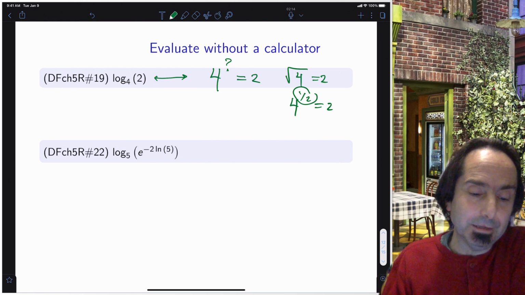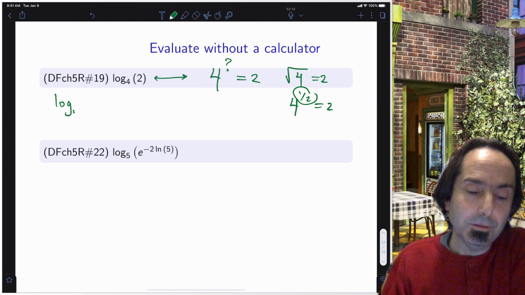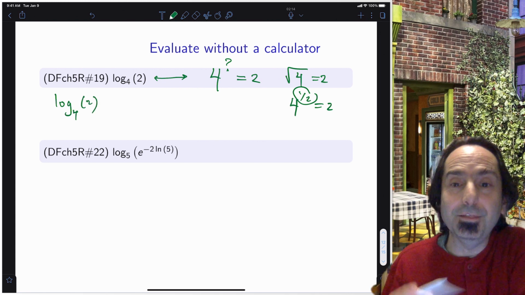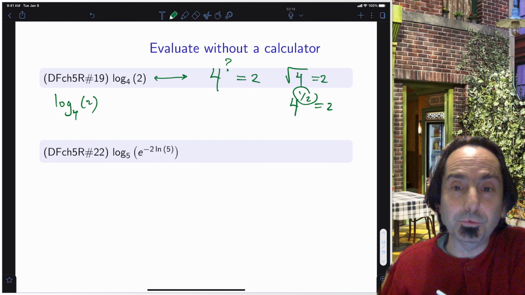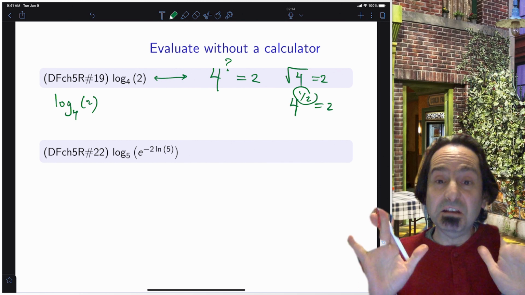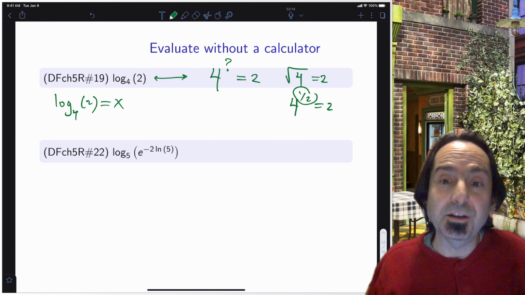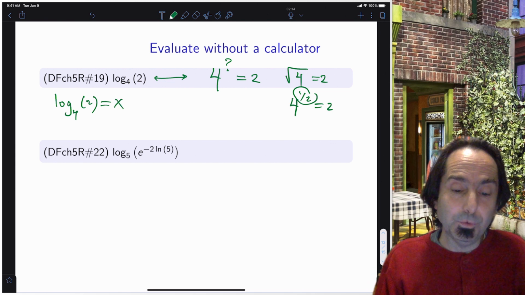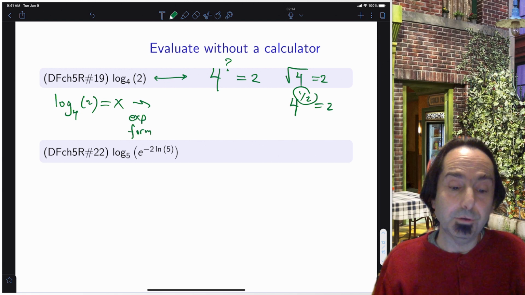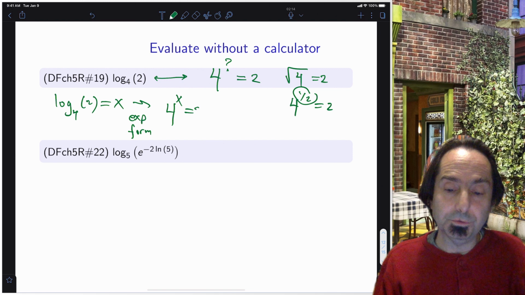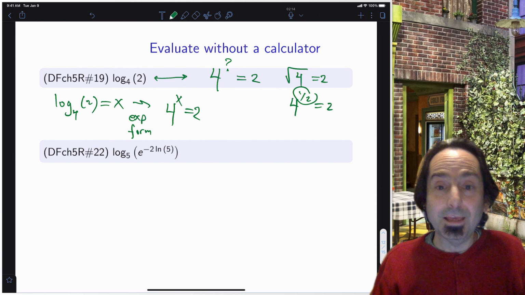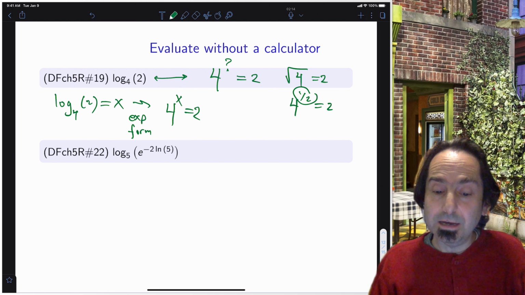If you found that complicated, here's the method where you admit defeat first and then change to exponential form. Okay, I admit defeat. I don't know what the answer is. I am going to call it x, the unknown, and I'm going to change to exponential form, because that's in logarithmic form, and this just says that 4, the base, to the exponent is equal to 2, and I have to know what that is.